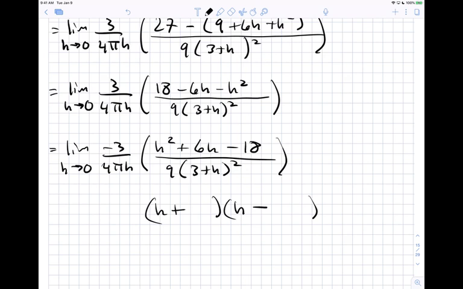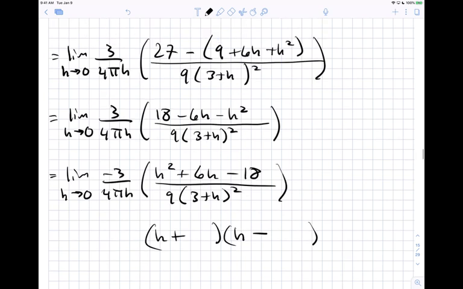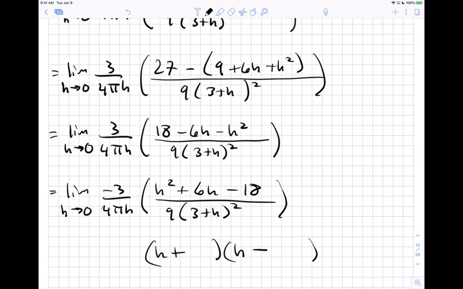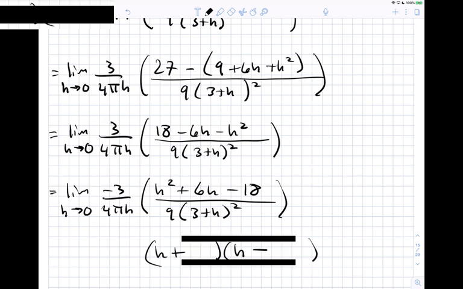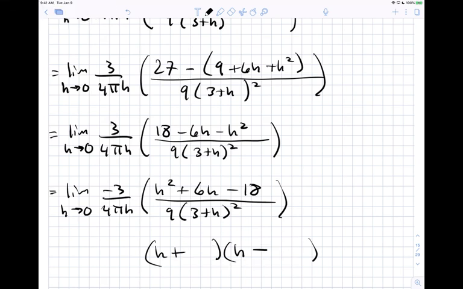Let me make sure I got my numbers right here. Oh, I see that 9 can go, but that's not the thing that is getting in my way. If we factor out a negative, h squared plus that minus that, 6 and 3.